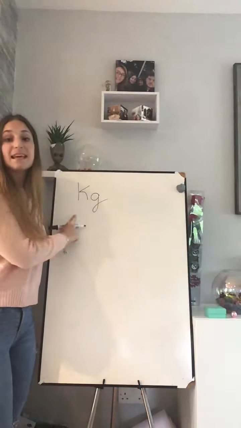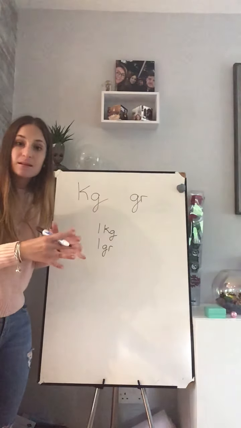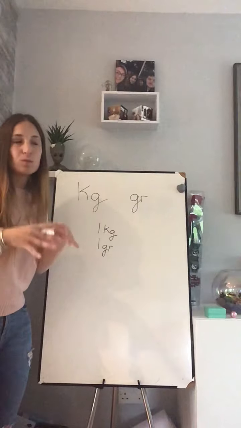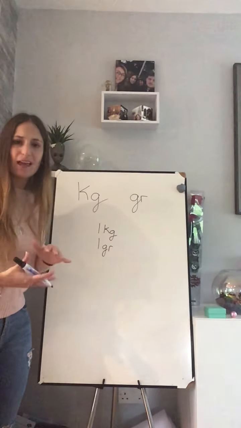A gram. Now a gram is another unit to weigh, okay? To weigh mass. It is smaller than a kilogram. So if I have 1 kilogram and I have 1 gram, grams are to weigh things that are not that heavy.